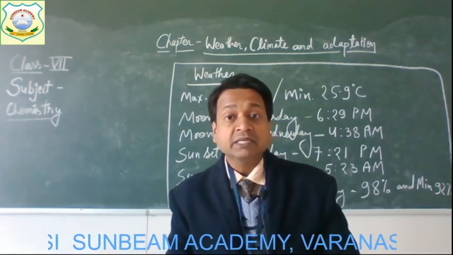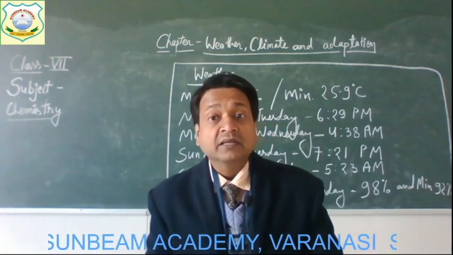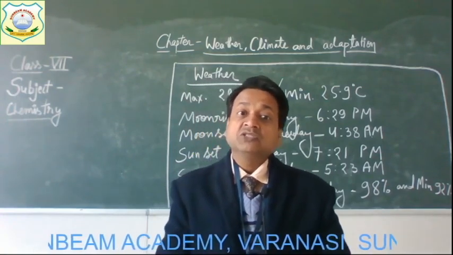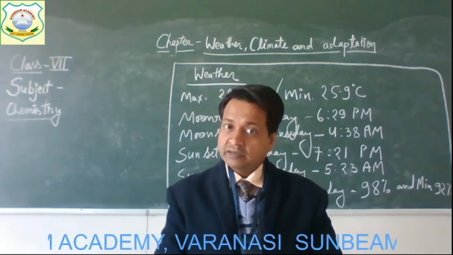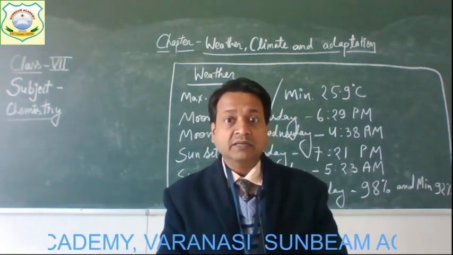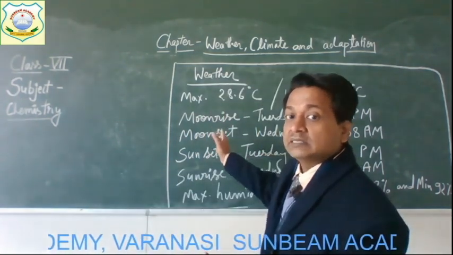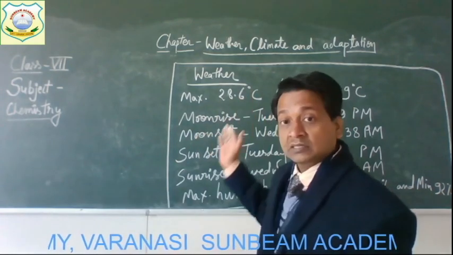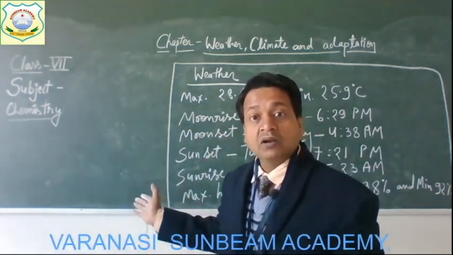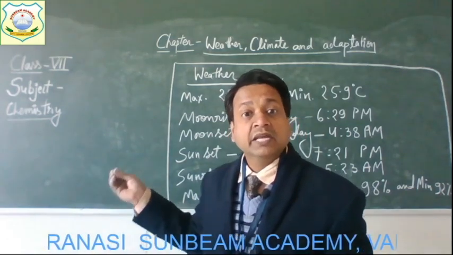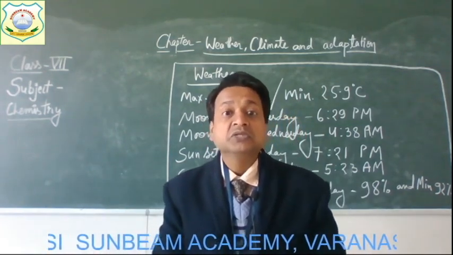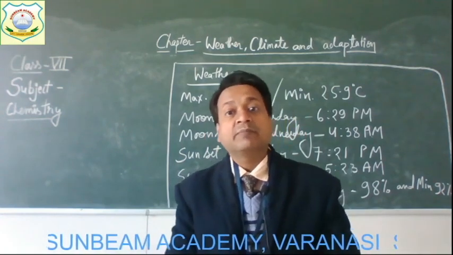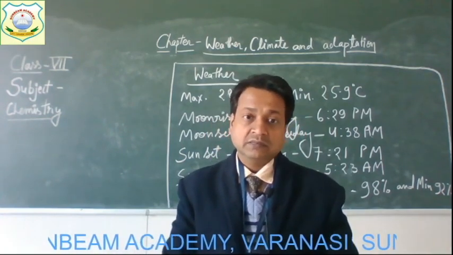These parameters and their day-to-day changes make up the weather. Understood about the weather? The day-to-day measure of temperature, humidity, and rainfall gives us the weather of a particular region.